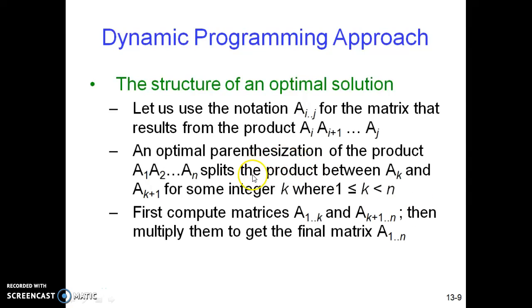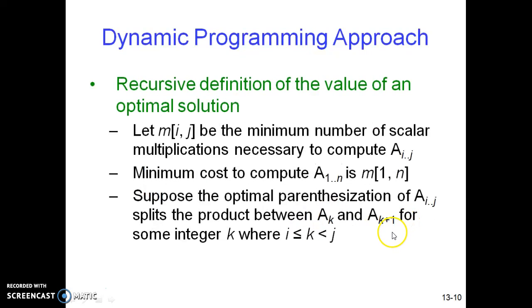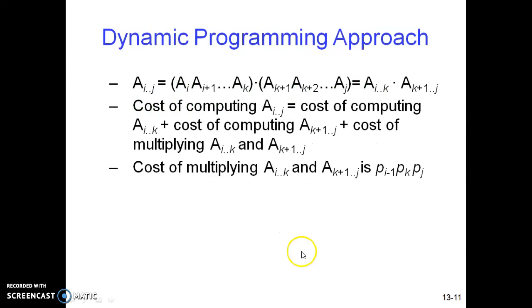We divide the matrices into two parts: at first 1 to k and k+1 to n. That means for Ai to Aj, at first we multiply Ai to Ak, then we multiply A(k+1) to Aj.